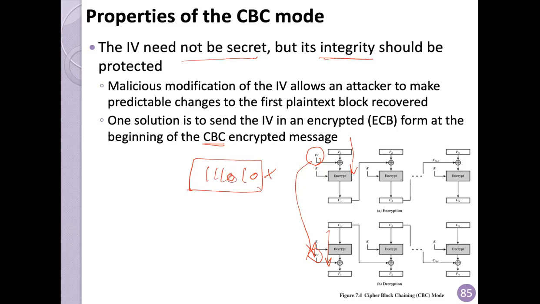So it's not secret. And I will use the same thing. Of course, if someone has the chance to come and change this 0, make it 1, I'm going to be in trouble because I cannot decrypt the first block. So the only thing that we need is to make sure that the integrity of the initialization vector is attained and the initialization vector is not changed after the decryption.